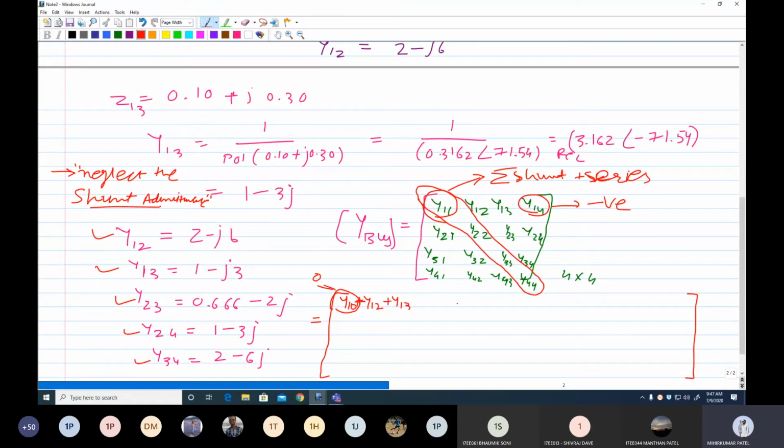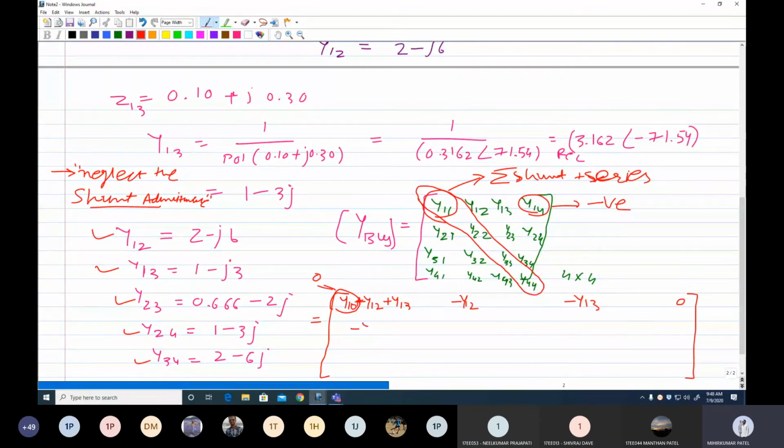Then the next element is minus y12, then minus y13. And the last element, y14: is there a connection between 1 and 4? No, so the value of this element is 0.